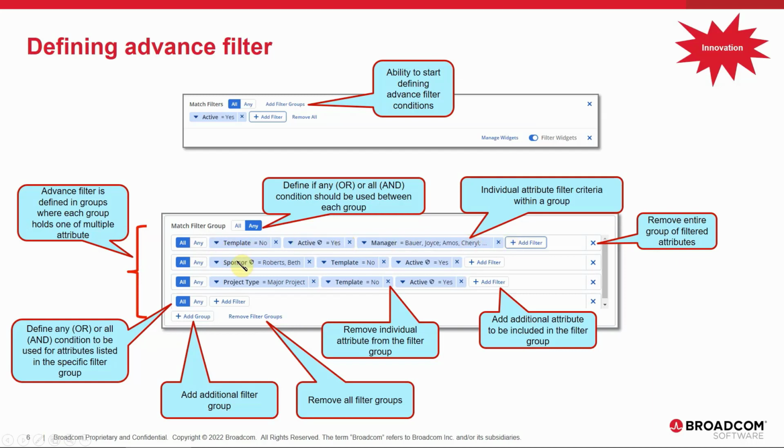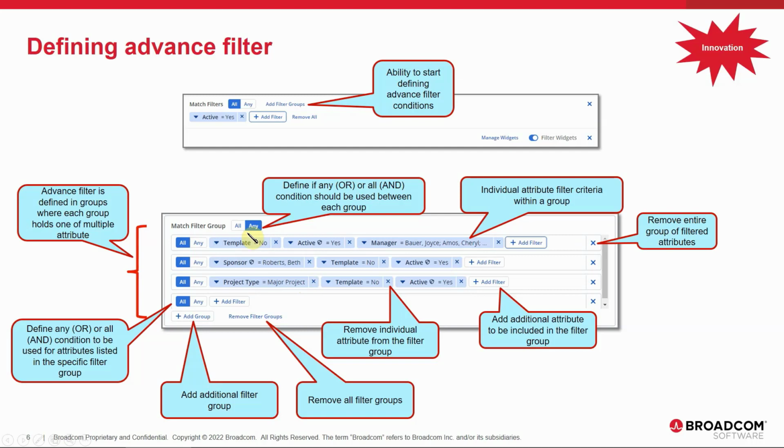This can be done for each filter group, each having its own set of all or any conditions. And then there is an overall all or any, which applies between these filter groups: should all of these filter group conditions be met, or is any of these filter group conditions sufficient to filter the data down.